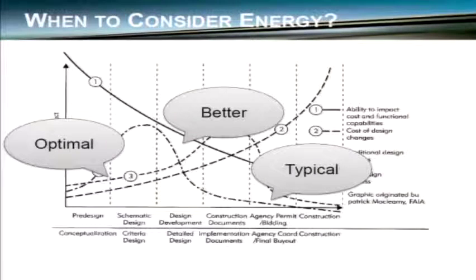So we want to try and avoid that, but it's still quite typical in project settings to do it this way. Okay, an improved method is looking at design development, and we are seeing more projects looking earlier in design development. At that stage, most of the concepts of design are fixed, drawings are being developed, but there's still some flexibility for tweaking systems. Okay, but optimally, we really want to be involved way back here at schematic design and concept planning.